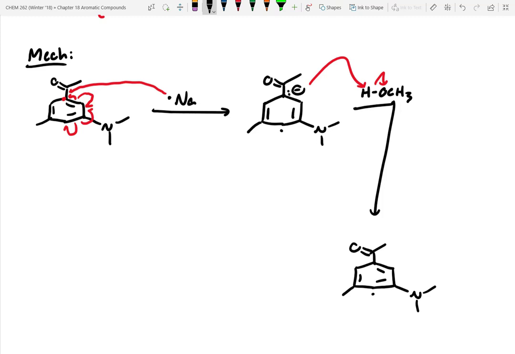We still have a leftover electron down below. So sodium can donate its remaining electron.